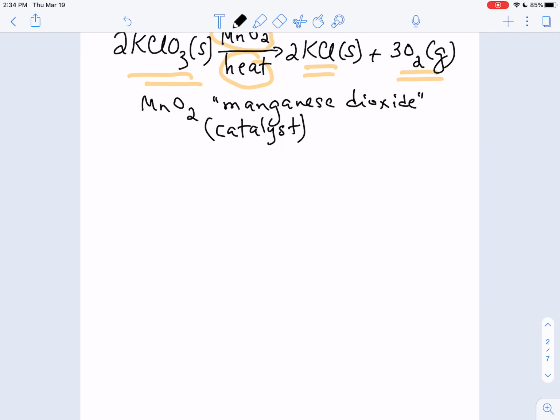Okay? Now here's the thing. We are not going to be working with pure KClO3 because the reactant that we have will actually be a mixture, and that mixture will have potassium chlorate and manganese dioxide. But the deal here is that this mixture, we don't know what its composition is.